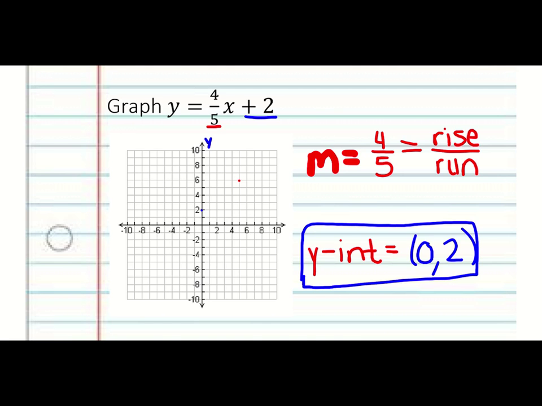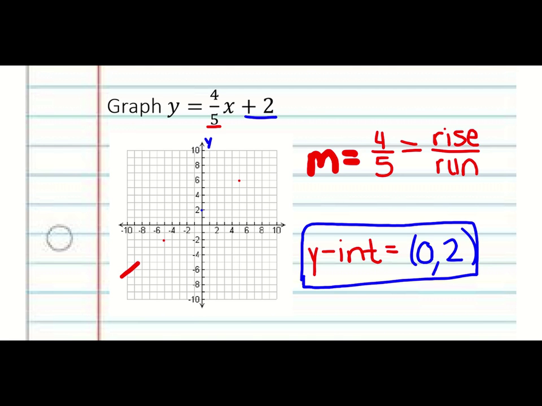Now that I have 3 points, I can easily see that they're making a line. When I plot my points, if I don't see a line between them, then I know I probably put a point in the wrong spot. So we need to connect these to make our straight line. As best as we can, we draw a straight line between these 3 points.